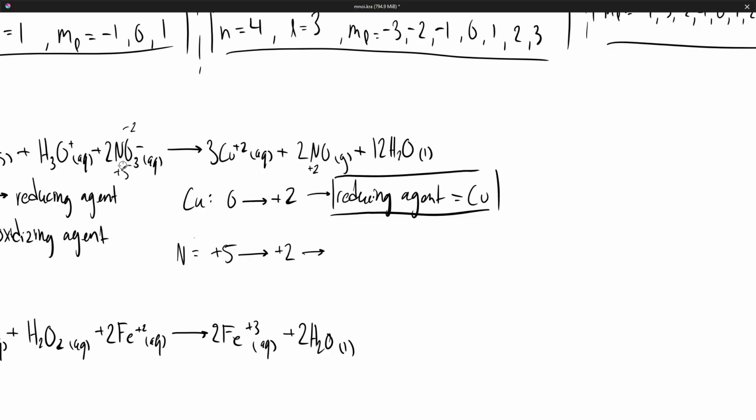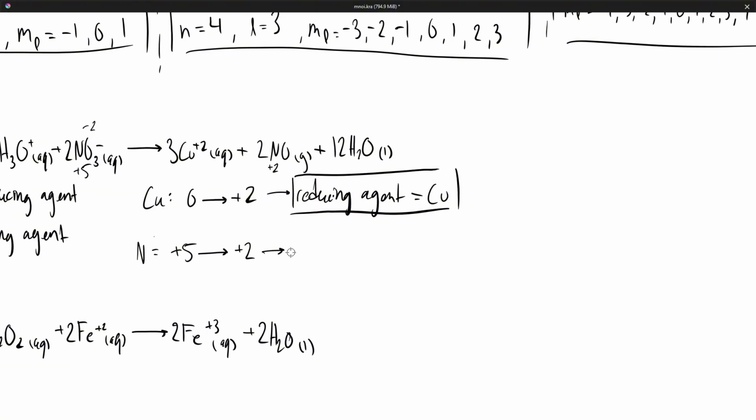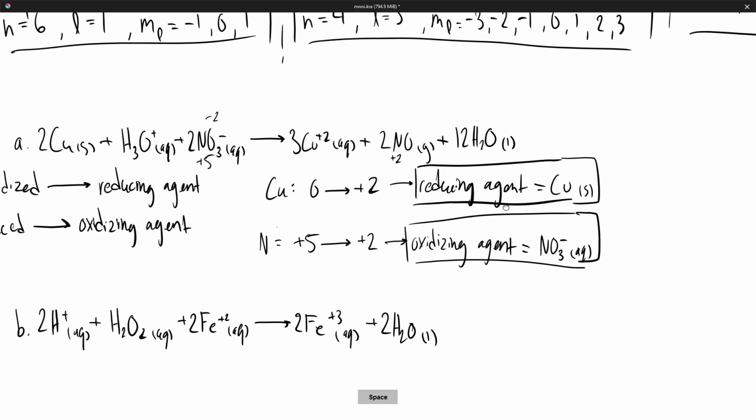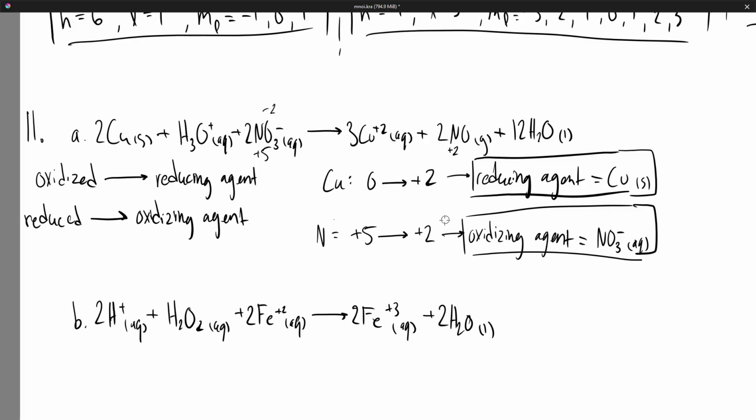But here it's nitrate, which means the oxidizing agent is nitrate right there. And I guess you can also include the states of matter. So copper was solid and nitrate was aqueous. Okay. So that's how you find the reducing and oxidizing agent.